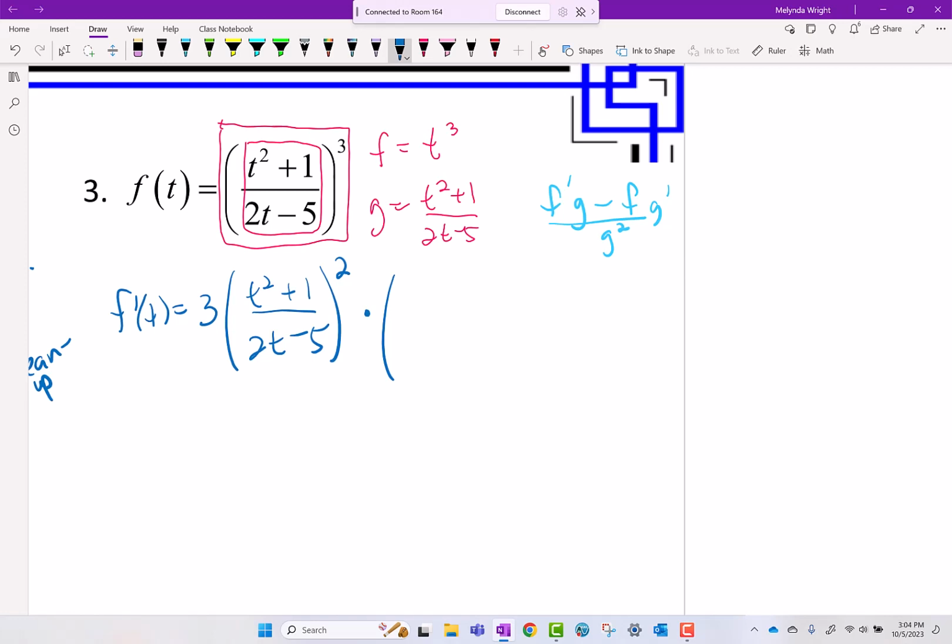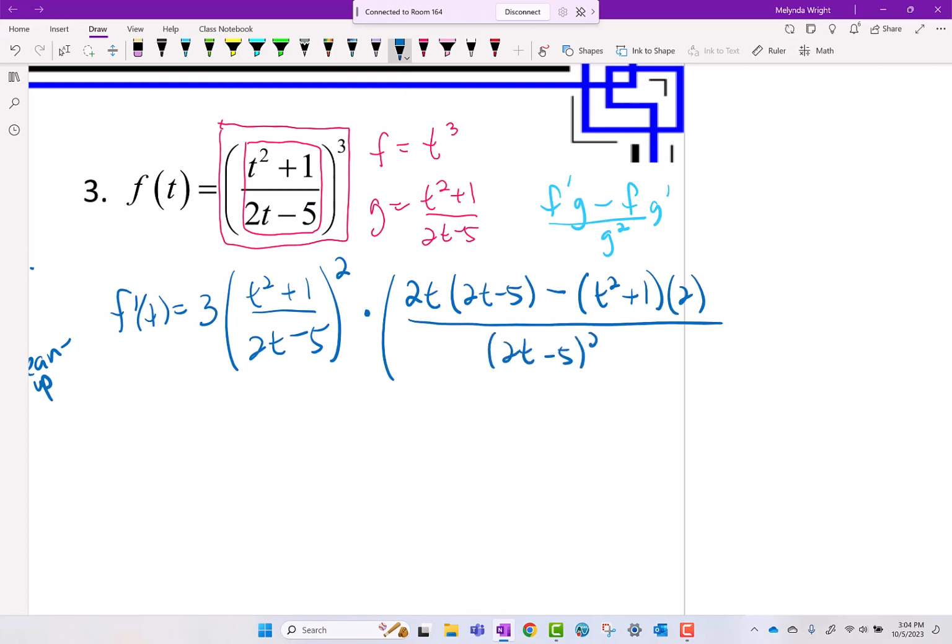So I take the derivative of the top and I get 2t, and I copy the bottom down with parentheses. Ladies, please do parentheses. If you don't, it will get you in trouble. Minus, I'm copying the top in parentheses, t squared plus 1, times the derivative of the bottom, which is 2. All over the bottom, 2t minus 5 squared.